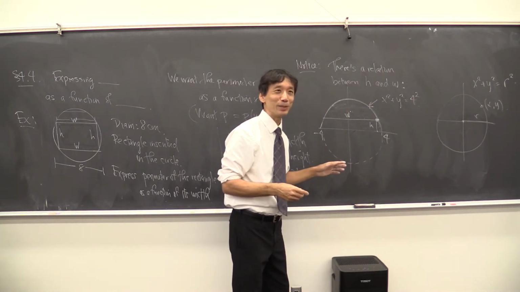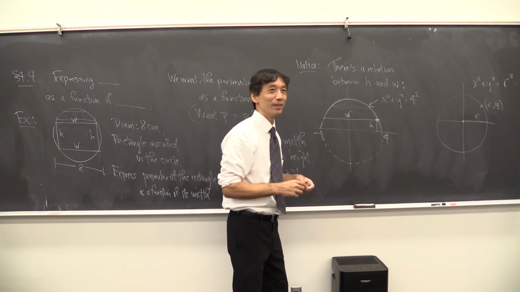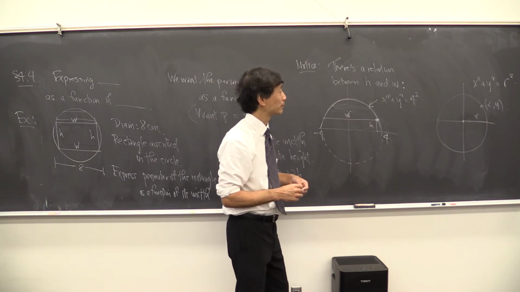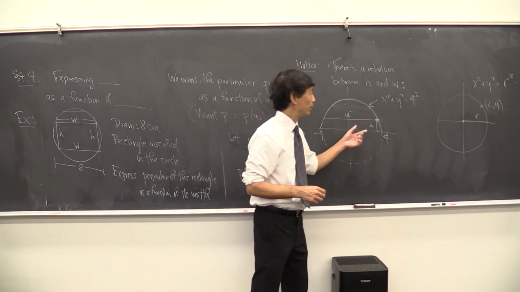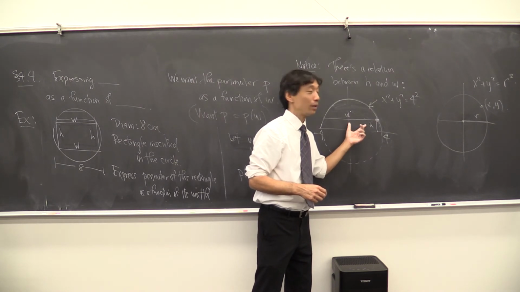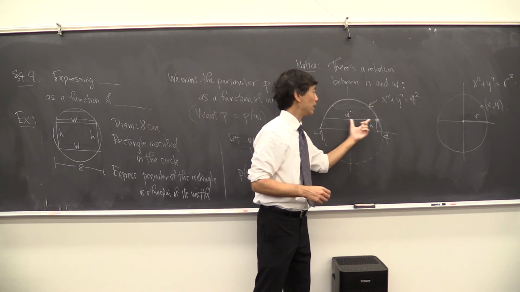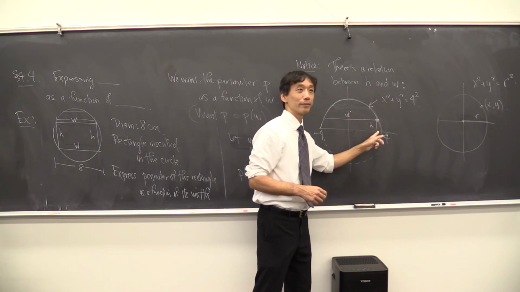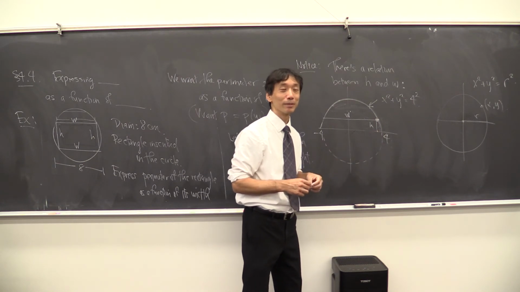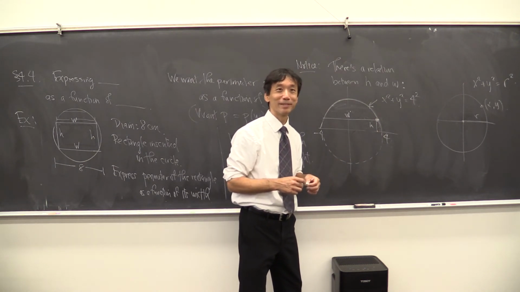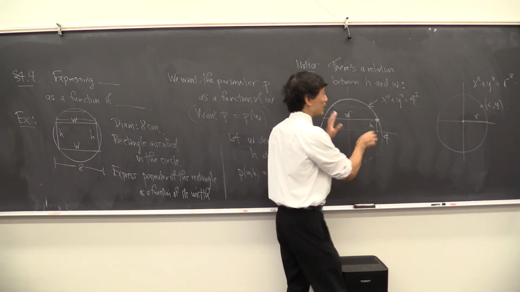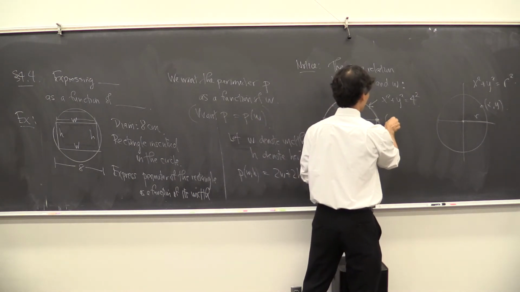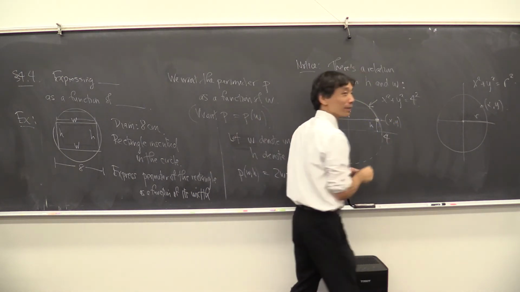Maybe that's why you all looked confused. Thank you. Okay, so if this length is w, what's the x coordinate of this point here? Take a minute and see if you can figure out the x and y coordinates of this point.